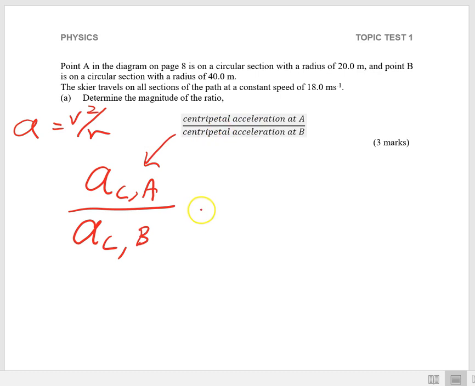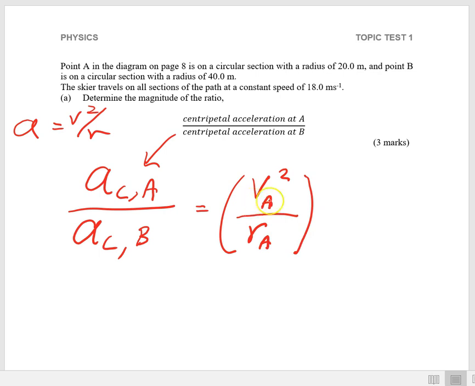What's a_c? a_c is V squared over R. So I write V and R for point A like this: V subscript A squared divided by R subscript A, and close the bracket.